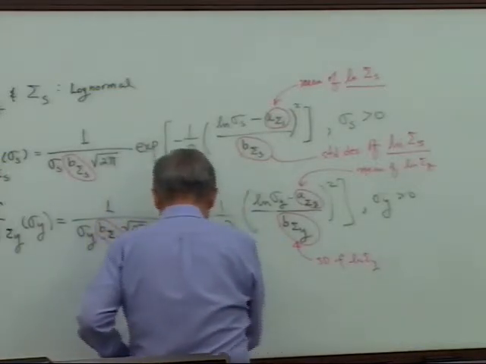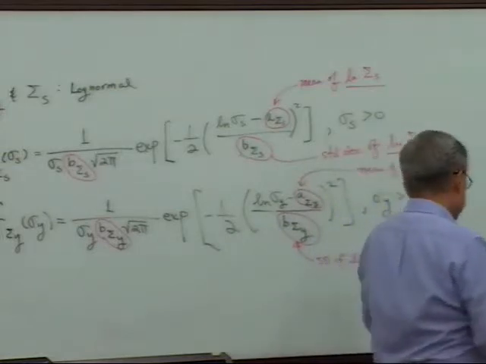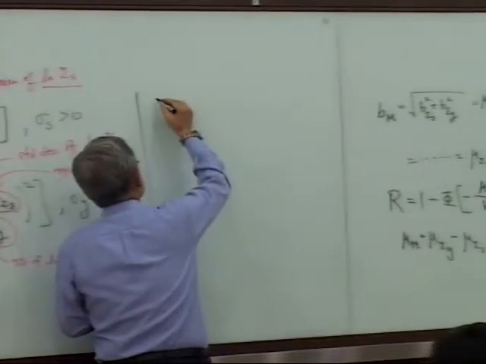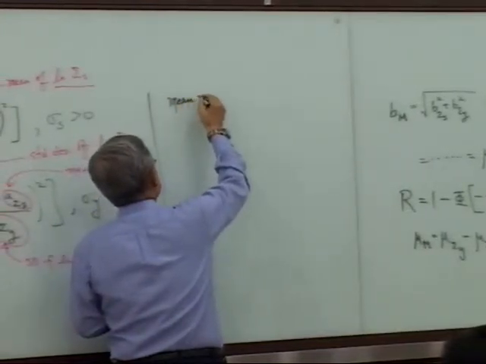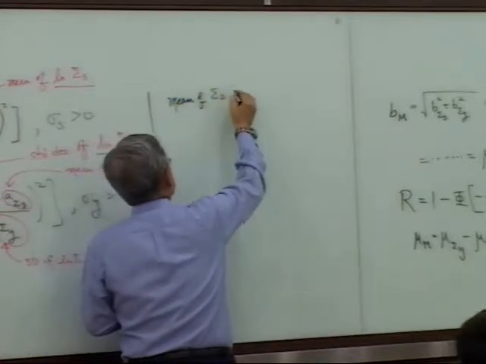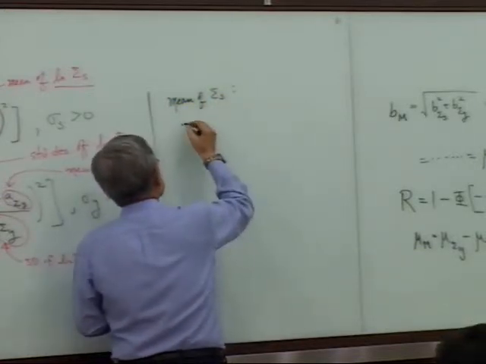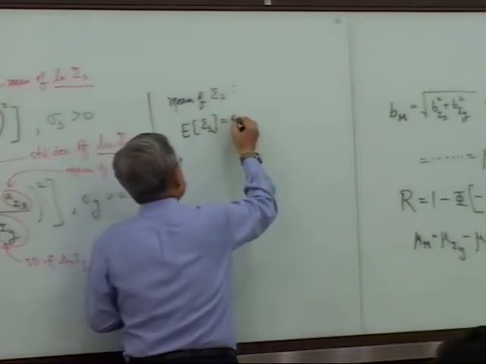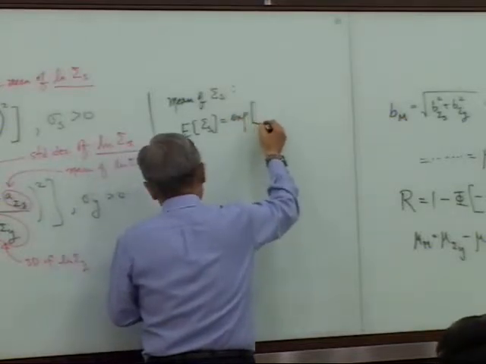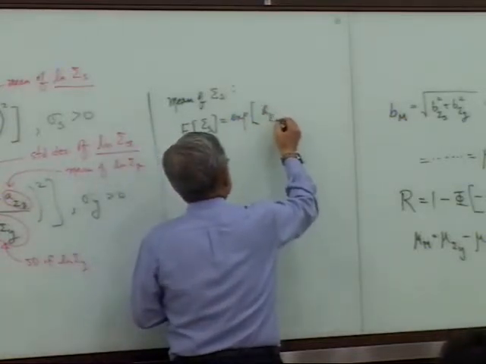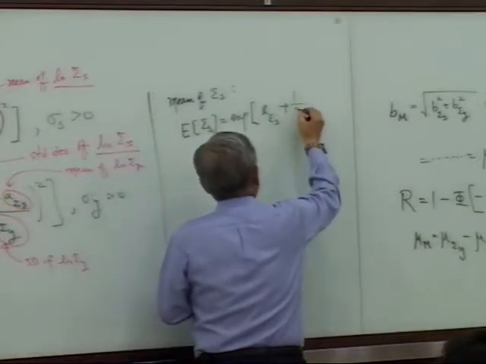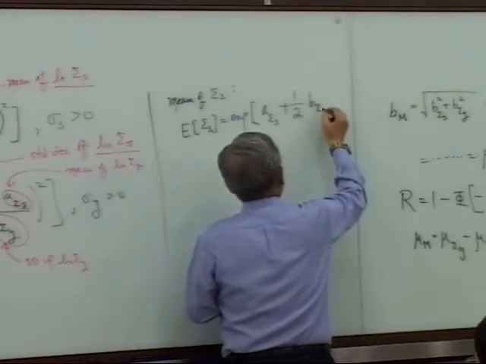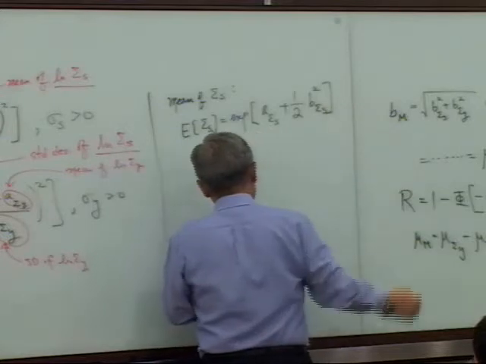We did not derive this, but you could possibly do it. Here are a couple of things you have to pay attention to. The mean of sigma s is expressed as an exponential function of A sigma s, which is a relation with the variable sigma s squared.